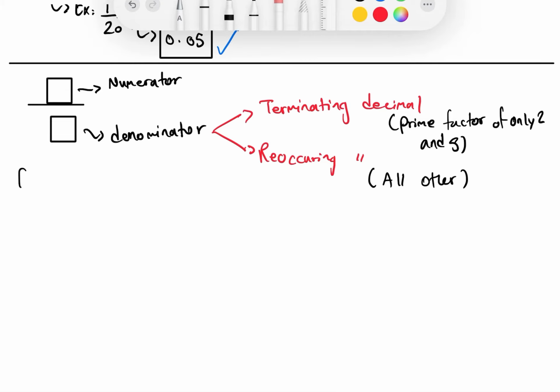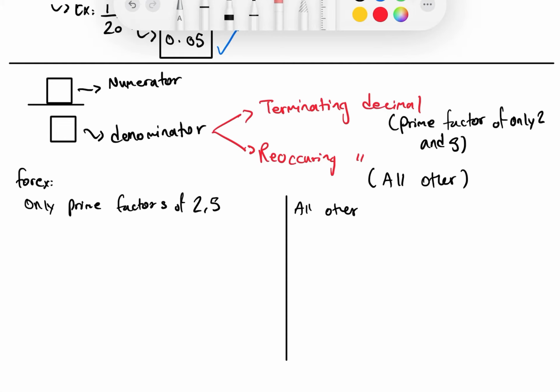Let me give you some examples. Right now I only talk about prime factors of 2 and 5, and on the next part I have all other prime factors. For example, 1 over 5: the denominator is a prime factor of only 2 and 5.